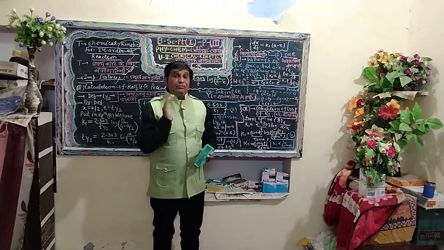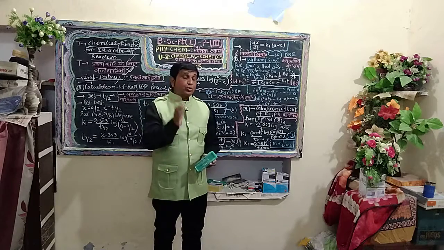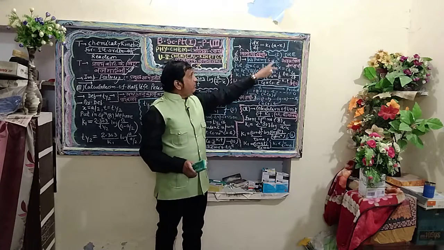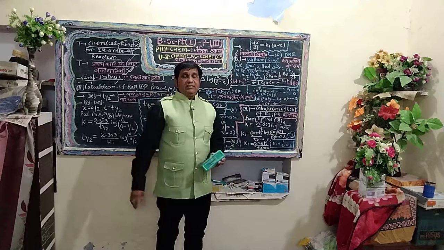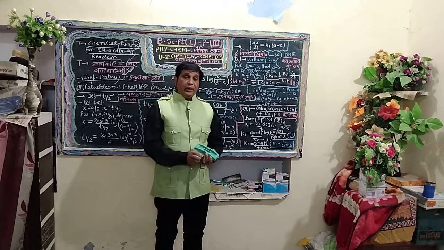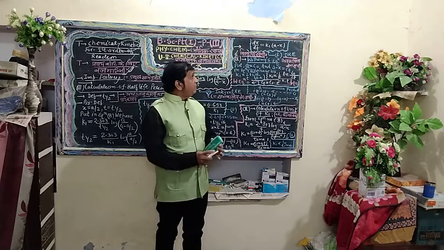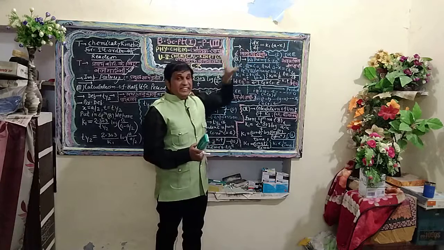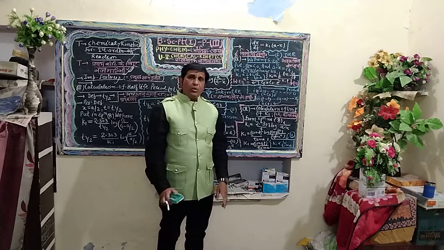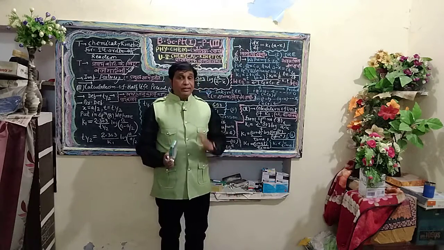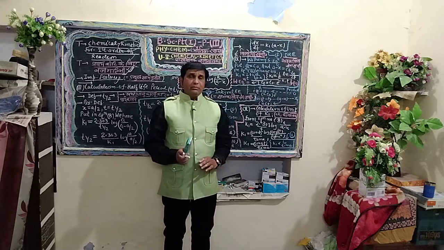Based on the previous video of chemical kinetics, we have solved this. Equation number 2 is known as the differential rate equation, the first form of rate equation or rate law we have derived here, dx by dt.